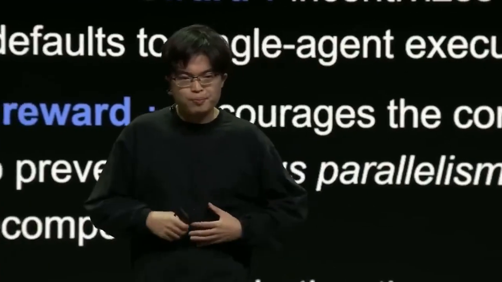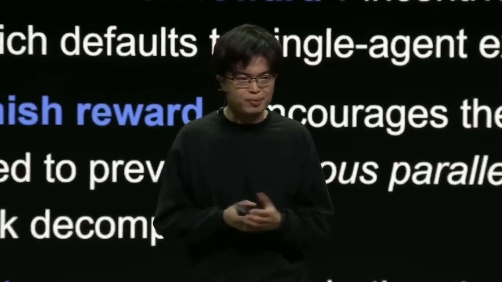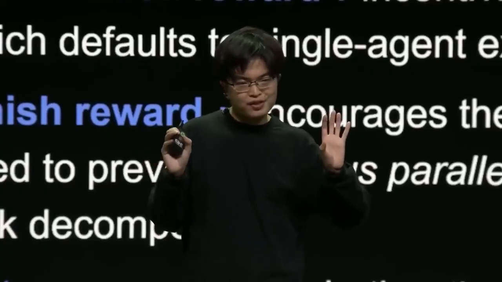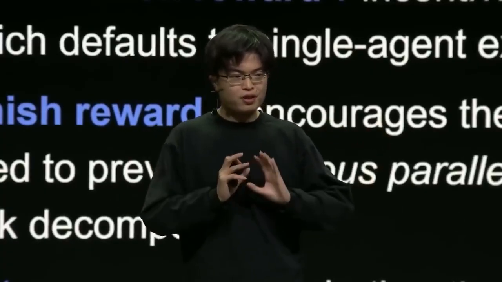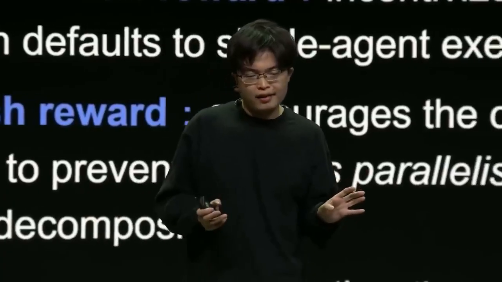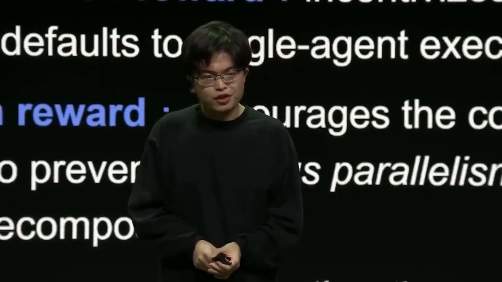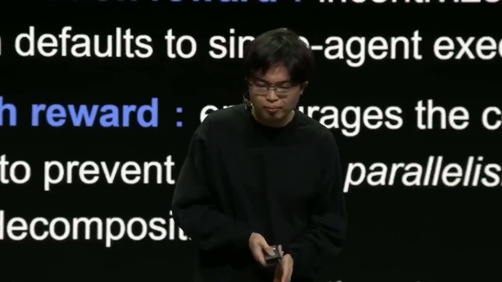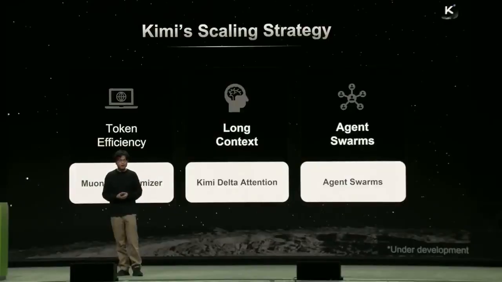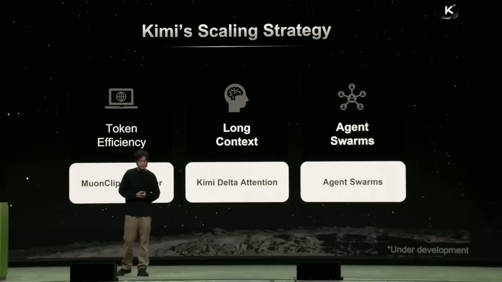And of course, we have to build the entire infrastructure, because right now you need to support parallel execution, and you need to support different reward functions, and maximize the efficiency of the entire agent swarm IO system. So here are 3 different things that we have tried scaling.